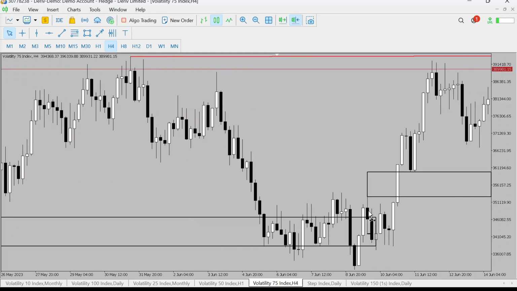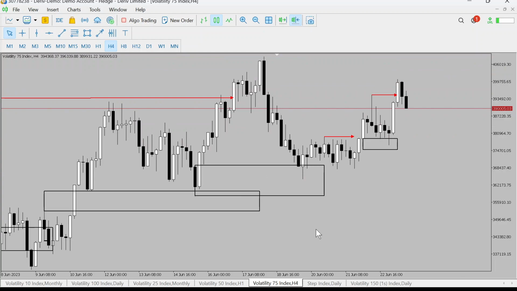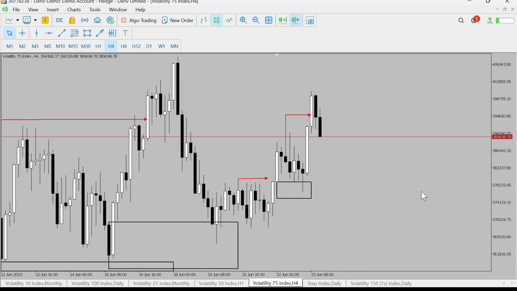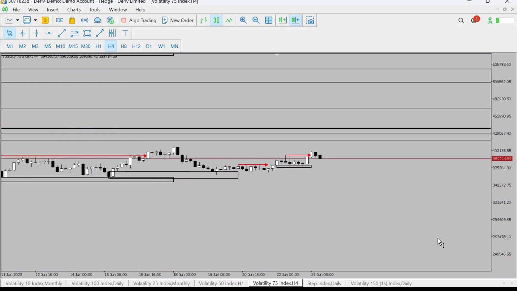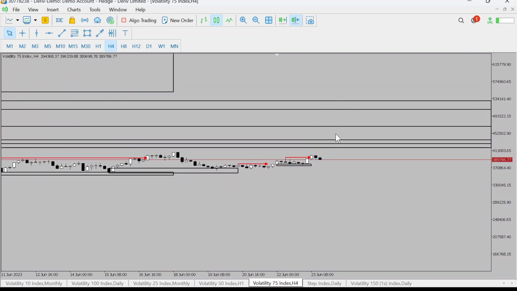The weekly is bullish, daily bullish, 4-hour bullish, but the monthly is bearish. So we can look for buy setups to go deeper into the monthly levels before we start looking for sells. We can look for buy setups deeper into these areas.